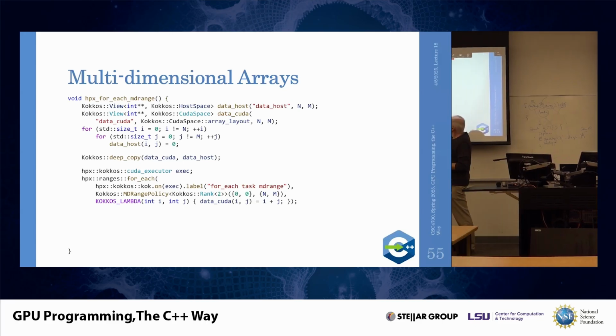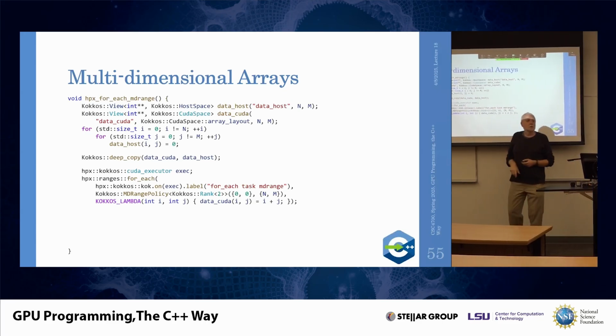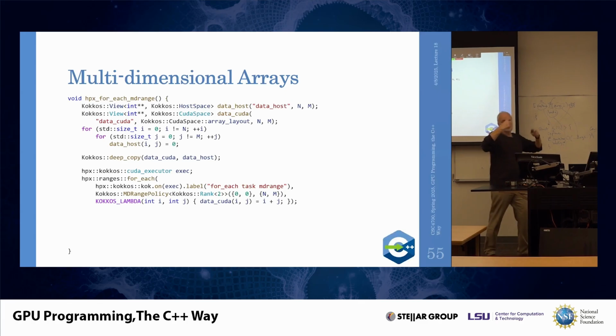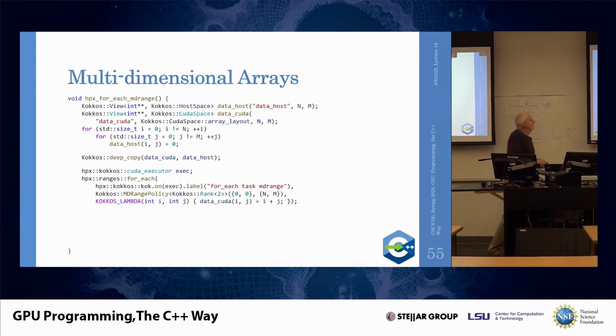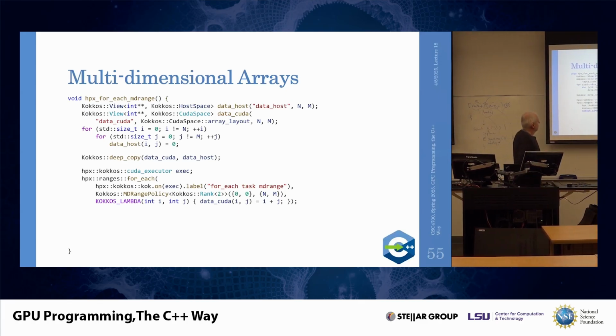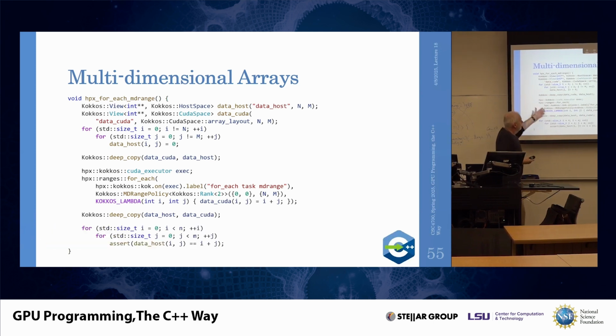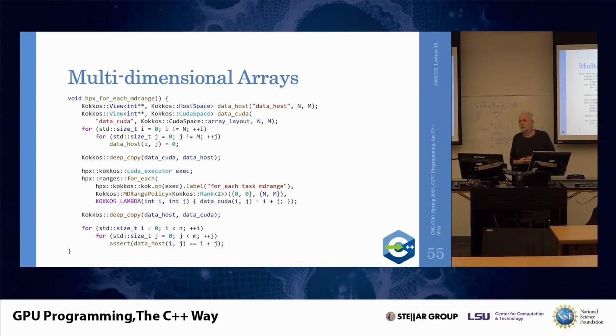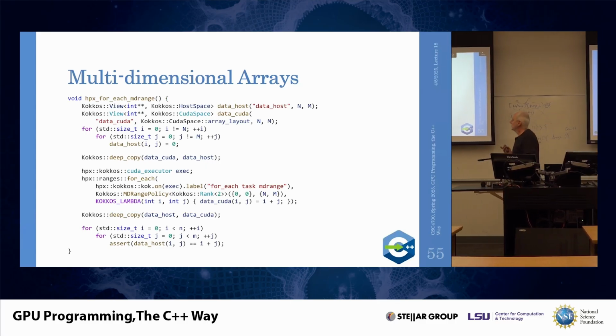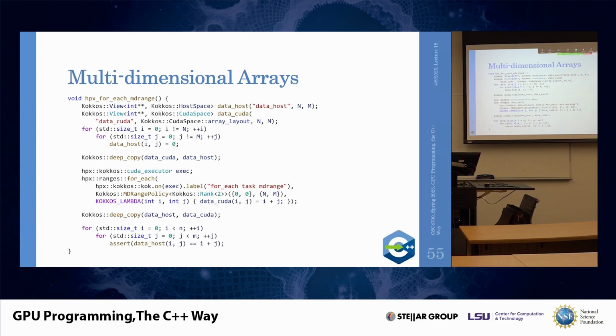And that will invoke the lambda with 2 arguments instead of 1 argument, because you have 2 indices now, right? Otherwise, it's very much the same as before. So if you want to do the same with multidimensional data, you can do that in the same context, just by using a different Kokkos range policy and pass it to our algorithm as before.